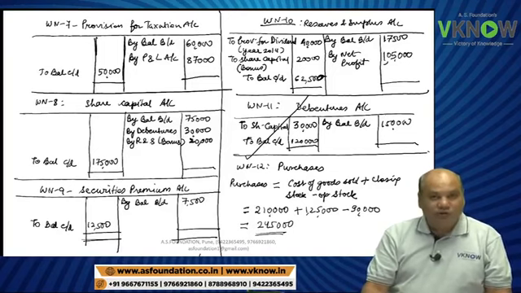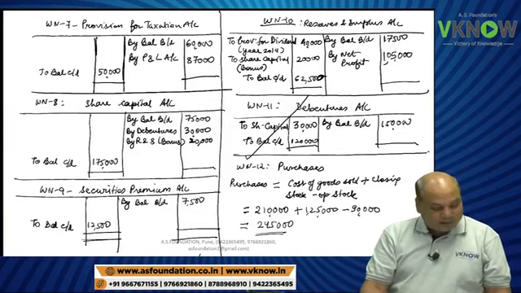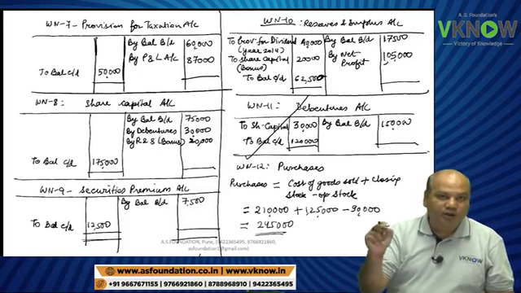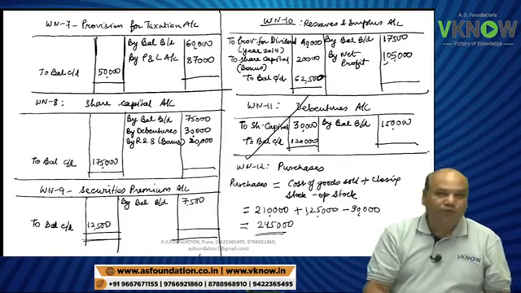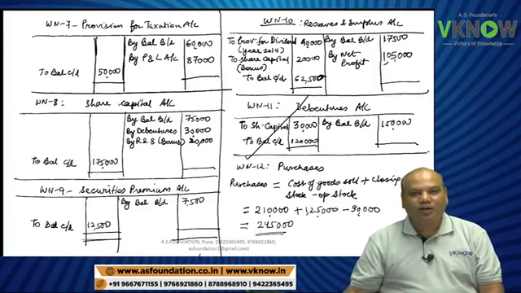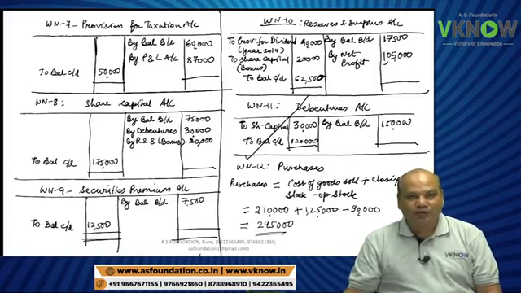And last adjustment is company further issued 5,000 shares of rupees 10 each at a premium of rupees 1 per share. Entry will be bank account debit 55,000 to share capital 50,000 to securities premium 5,000.